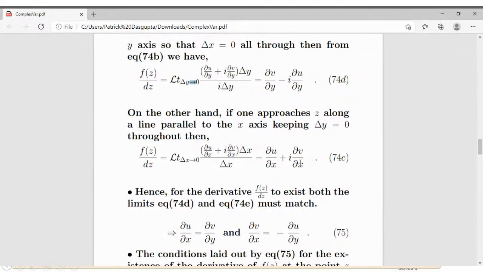And therefore, in order that the derivative exists at the point z, equation 74d must be equal to equation 74e.